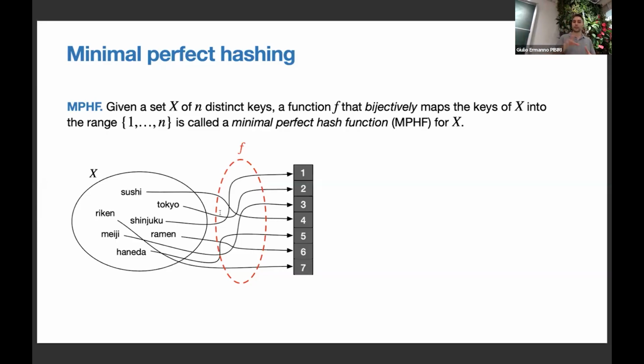And you want to build this function, which is actually a data structure, that maps all of those keys into a unique identifier between 1 and n. You know why this is called minimal: as you can see, there are no holes in this logical table. And it's also perfect because there are no collisions.